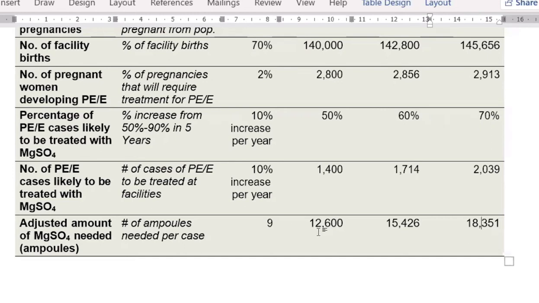So if the question went further to give you the data about the boxes, and it asks you to calculate how many boxes, it's a very simple calculation. You just divide the individual ampules by the pack size. Then it will give you the number of boxes.